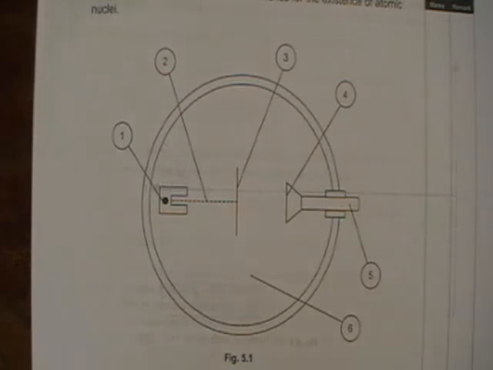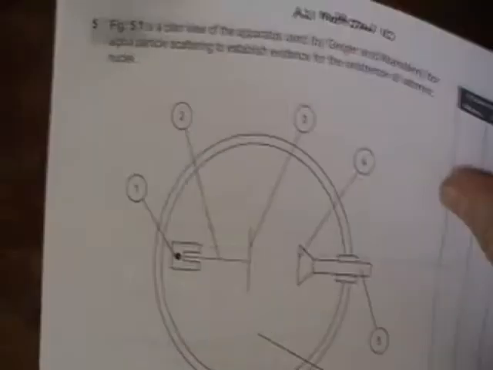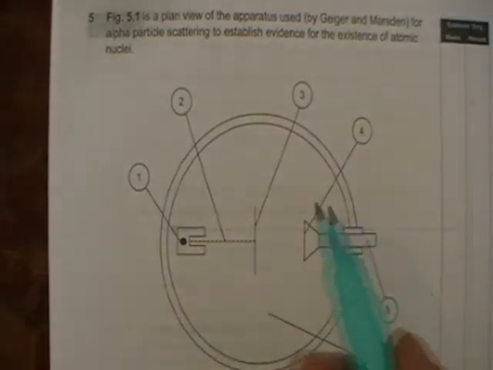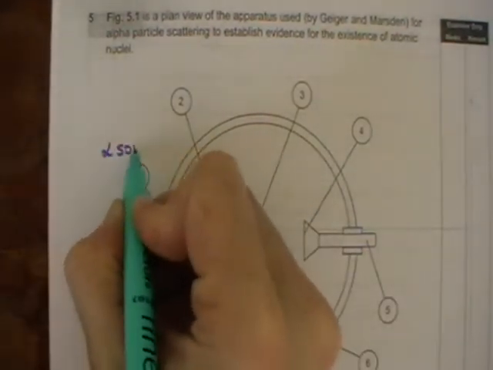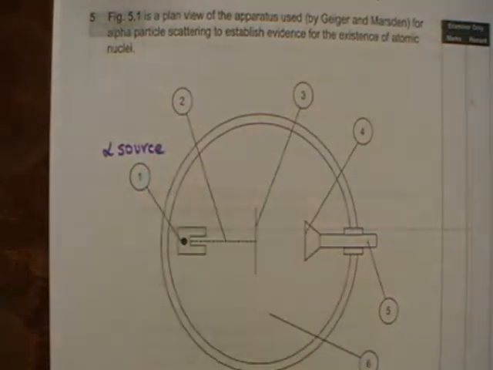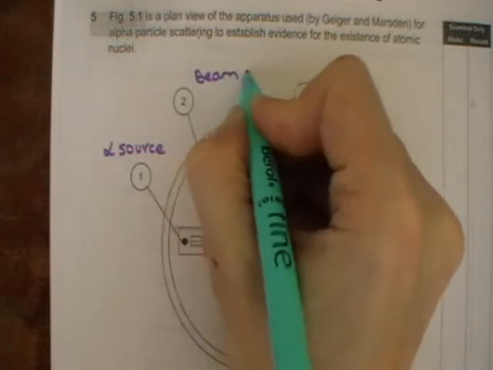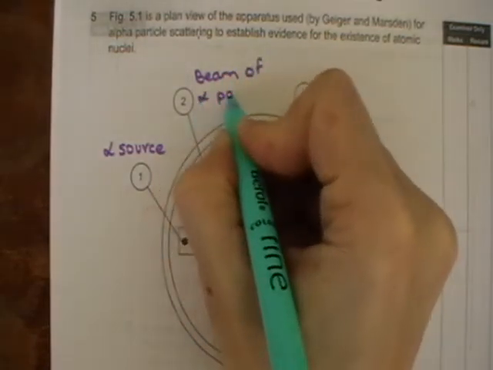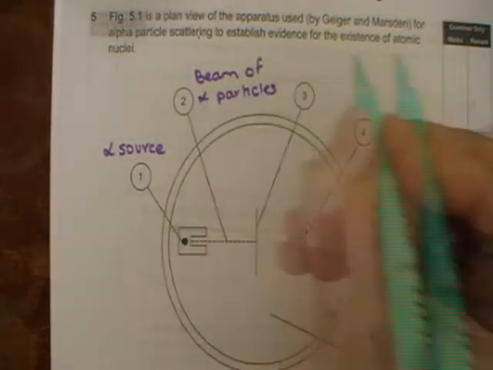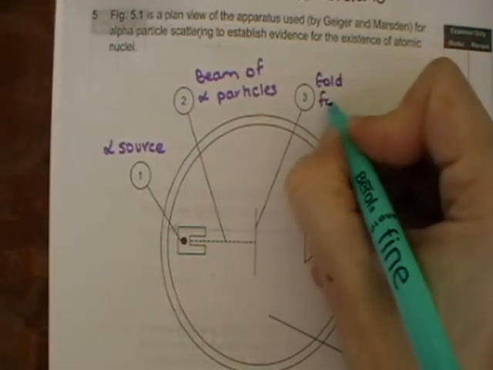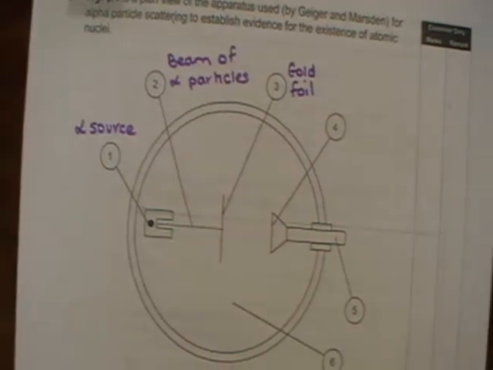So instead of writing them down here where I already have them written in, I'm going to write them just beside it. So number 1 is, of course, your alpha source, where the alpha particles were released from. Number 2 is beam of alpha particles. Number 3 is, of course, the gold foil that the particles hit.